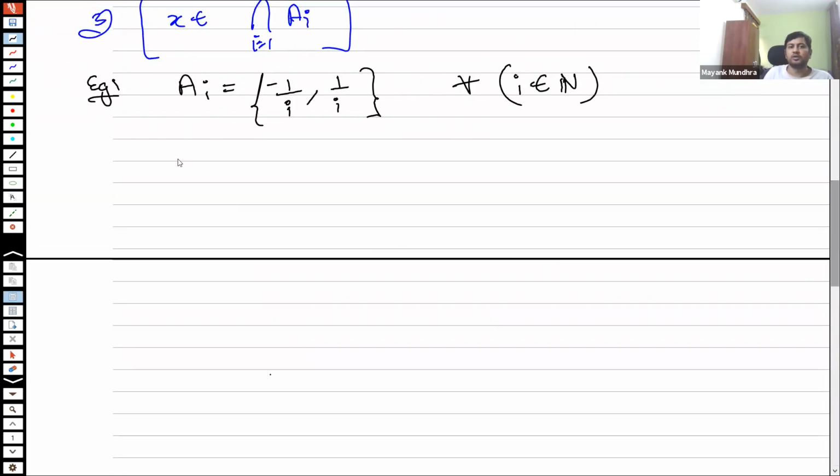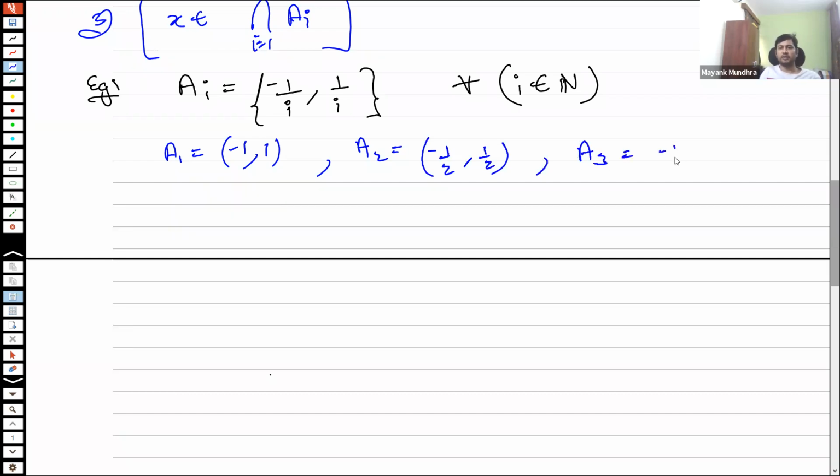Basically, your set A1 is minus 1 to 1, A2 is minus half to half, A3 is minus 1 by 3 to 1 by 3, and so on.